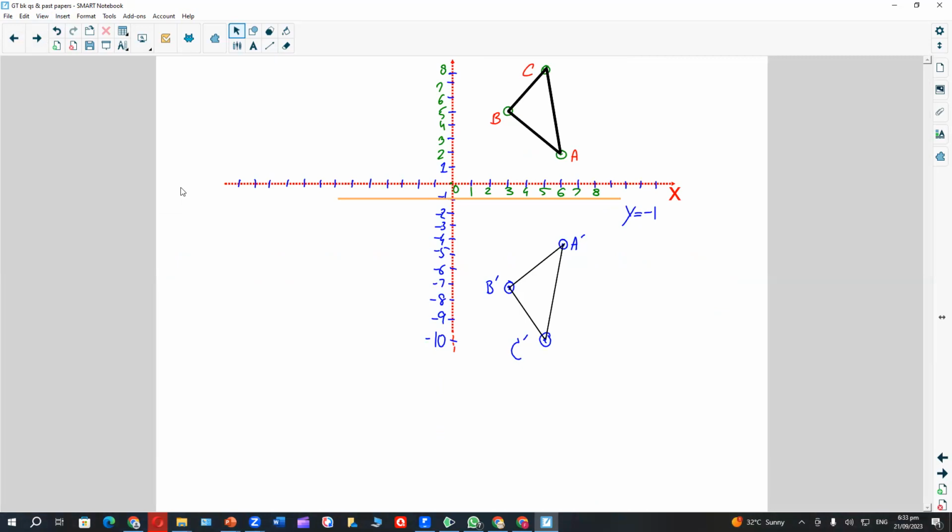The figure should look like this. Okay, one second. Let me just change it. You just have to count the boxes.